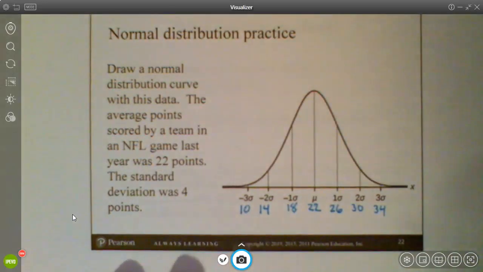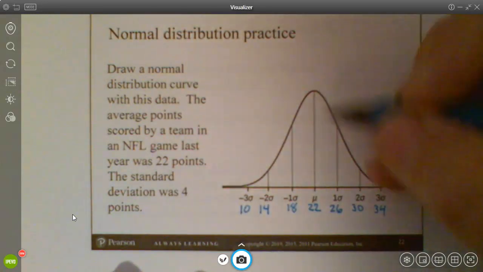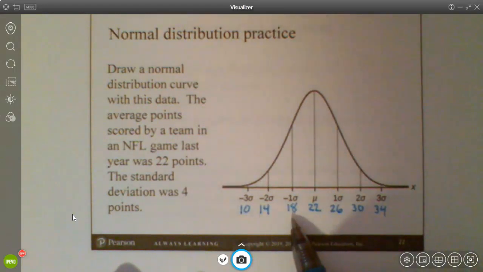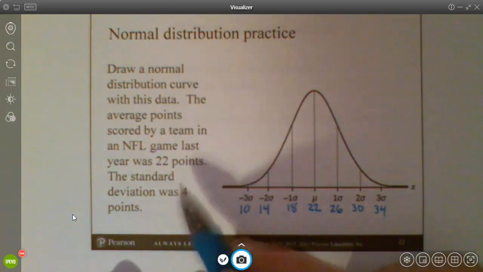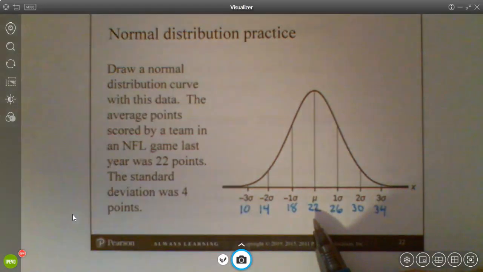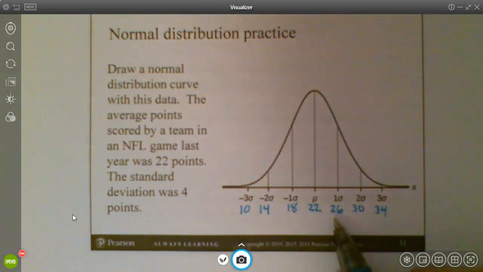So those are the main data values. Now, using the percentages up above, 68% of my data was from here to here. If this was accurate, it's probably not, but if it was, then 68% of all the teams scored between 18 and 26 points.